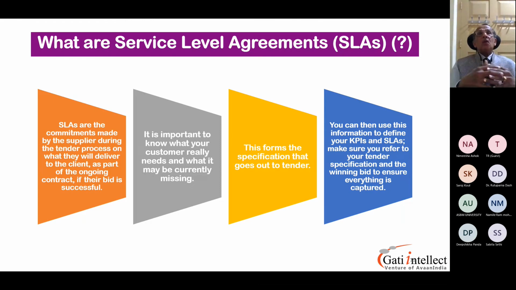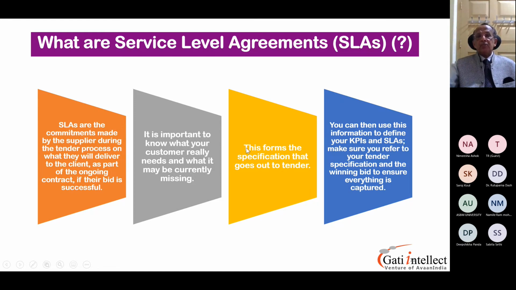Then when you make the RFP, when you go through each section, these are the criteria of what is required to be incorporated in the RFP. So it should start from the supplier, the commitments. Now let's see. It's important to know what your customer really needs and what it may be currently missing.